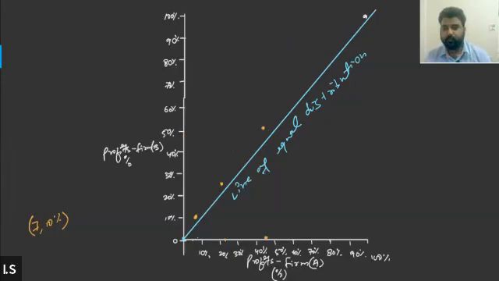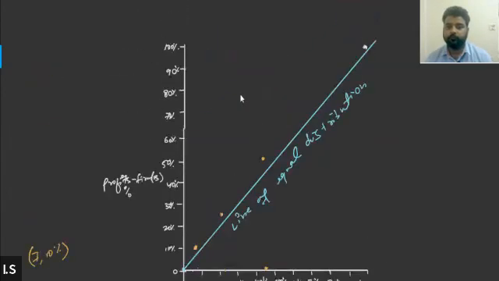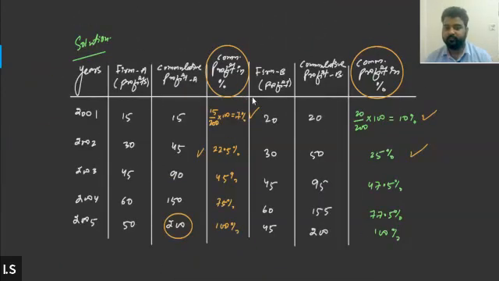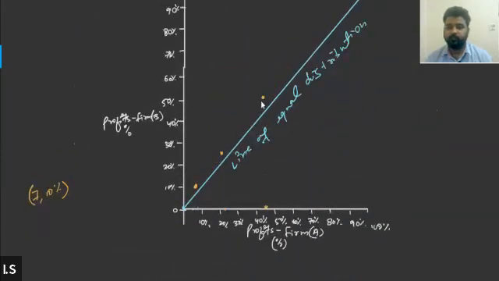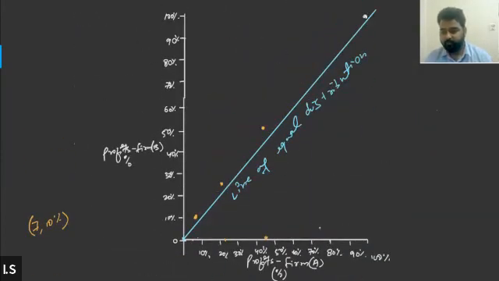Okay, after that we have, just a minute, 75 and 77.5. So 75% will be here and 77.5 will be near 80%.